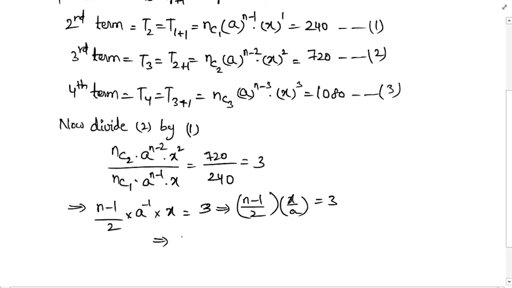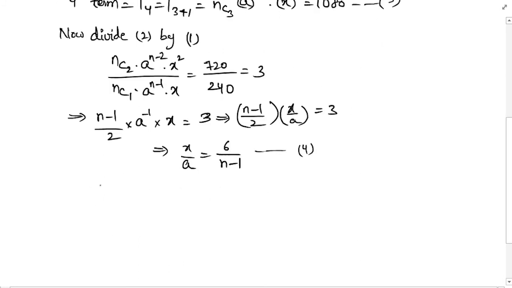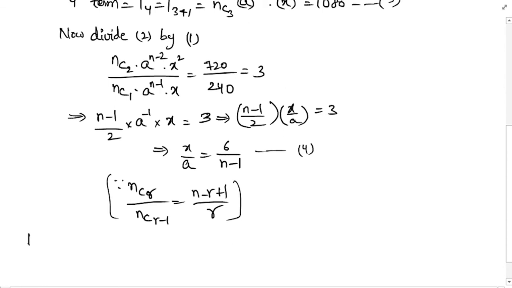So that implies (n-1)/2 times x/a is equal to 3. So that implies x/a = 6/(n-1). We will consider this as 4, since nCr divided by nC(r-1) is equal to (n-r+1)/r, right?